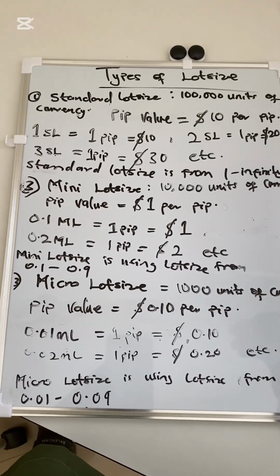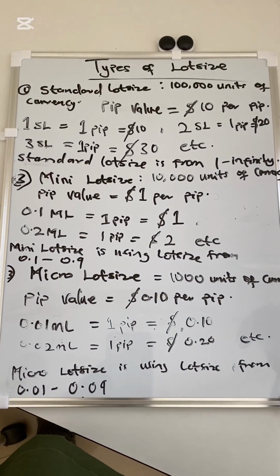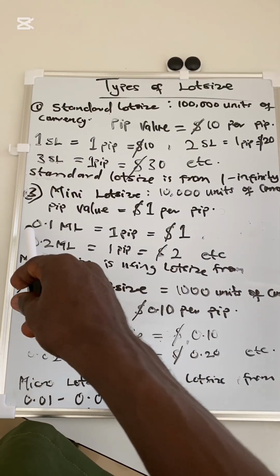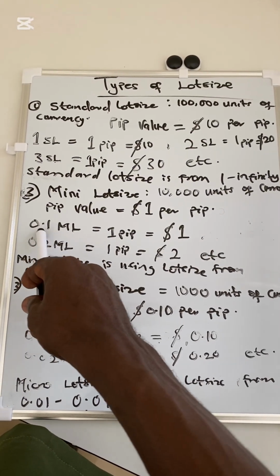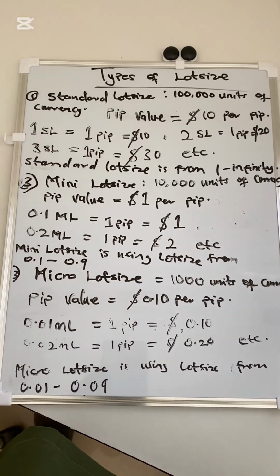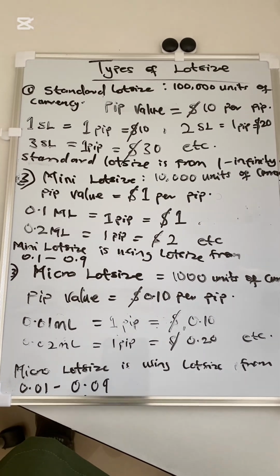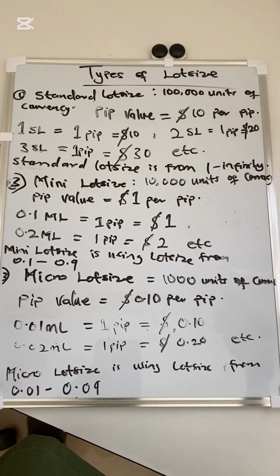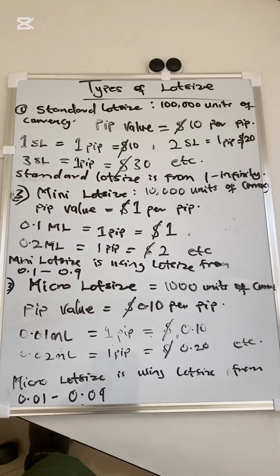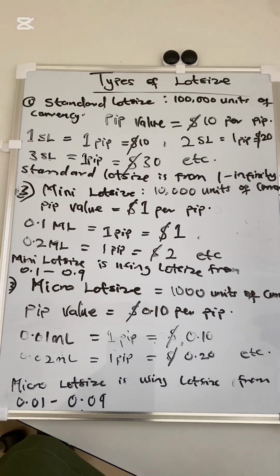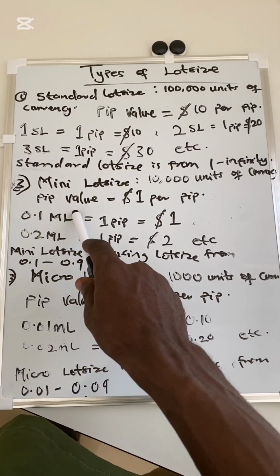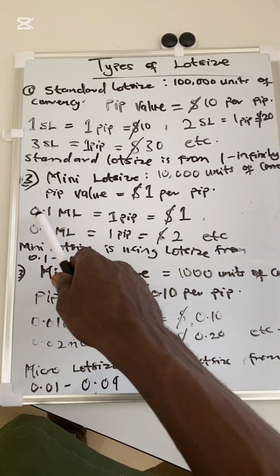For example, 0.1 up to 0.9 is mini lot size. Any lot size between 0.1, 0.2, 0.3, 0.4, 0.5 up to 0.9 is what we call mini lot size. And all these lot sizes, when you use them, every pip value will give us what?